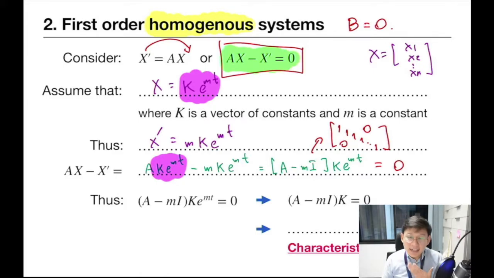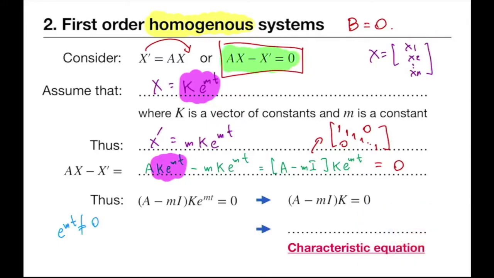Then e to the mt is exponential, so e to the mt can't be 0. And if e to the mt can't be 0, it means that this guy is 0.